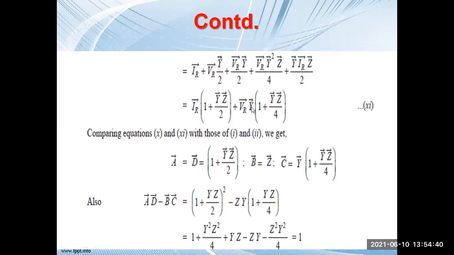So C means Y into 1 plus YZ by 4, and D equal to 1 plus YZ by 2. Then AD minus BC equal to 1. We substitute and get the value 1. So whatever parameters we have calculated with the help of the nominal pi method, the ABCD parameters are correct. Any doubt on this particular derivation?